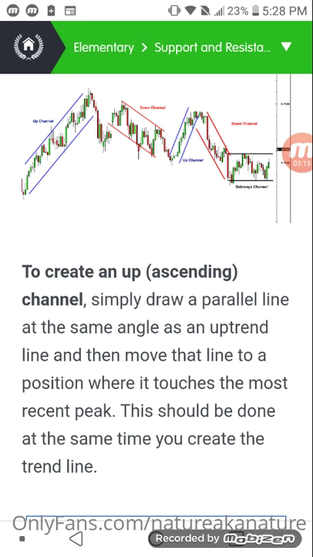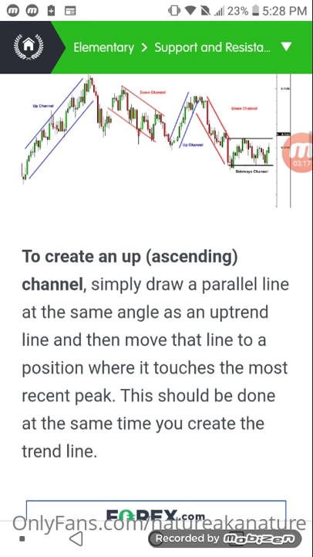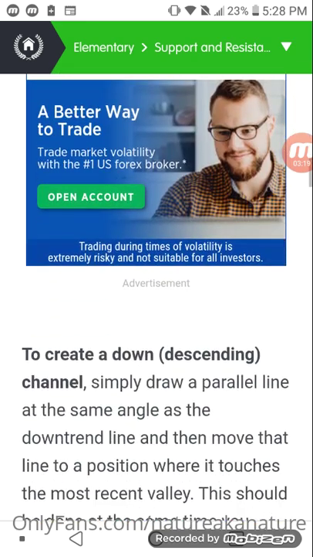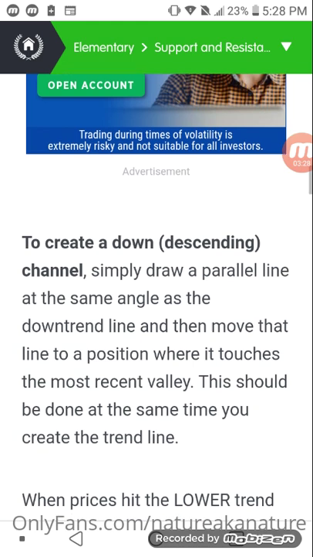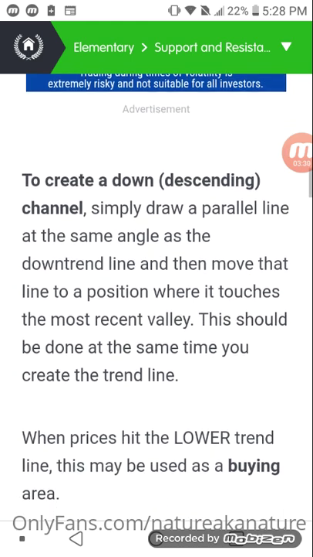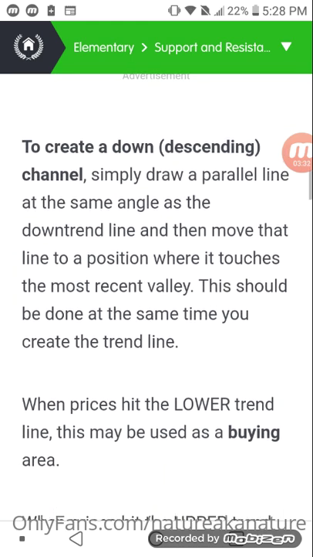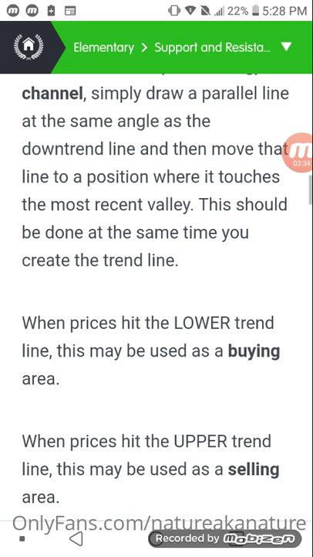This should be done at the same time you created the trend line. Same thing with the downtrend. To create a descending channel, simply draw a parallel line at the same angle as the downtrend, and then move that line to touch the recent value. This should be done at the same time that you created the trend line.